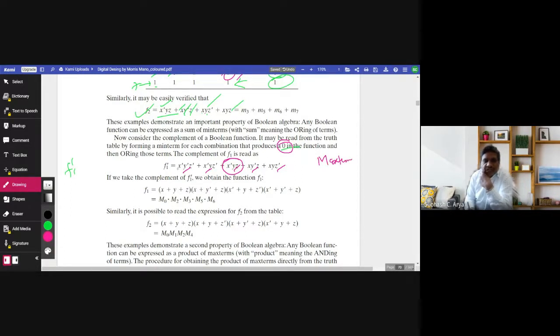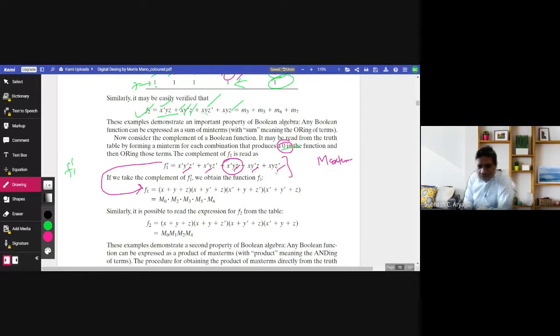So, it is better to write this in normal form, this max term also, f1. So how to convert this into normal form? Of course, that will be the max term representation. So let us write it one by one. X bar, y bar, z bar. Take the complement.